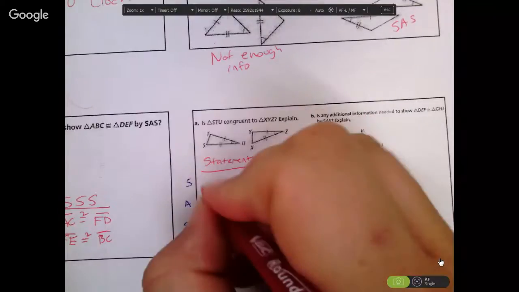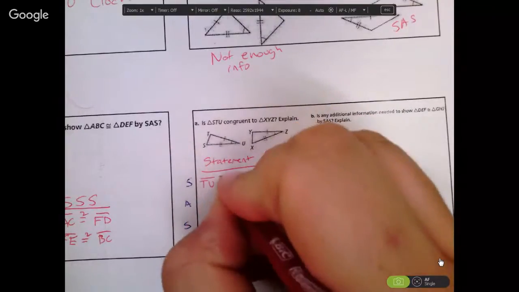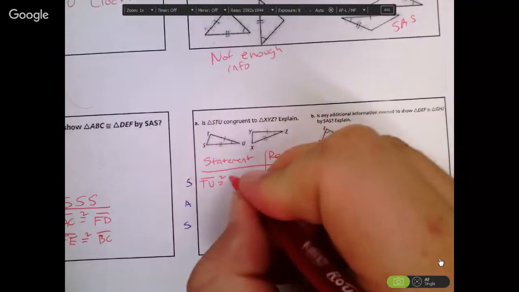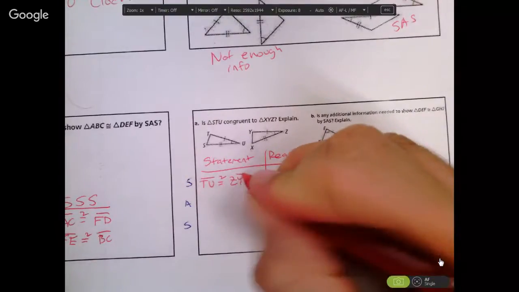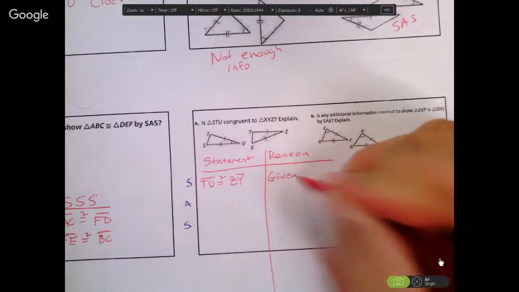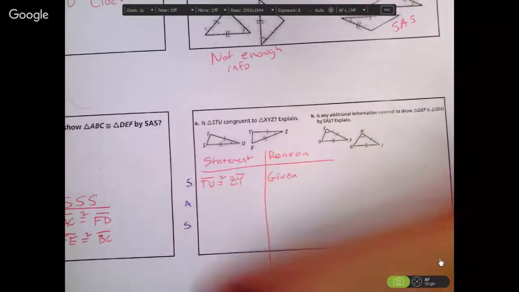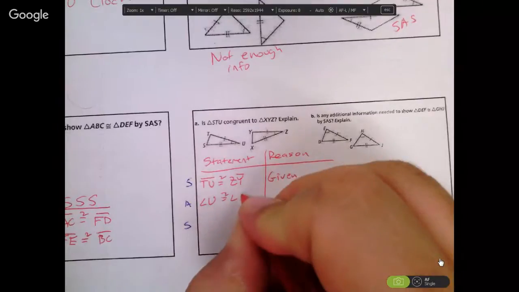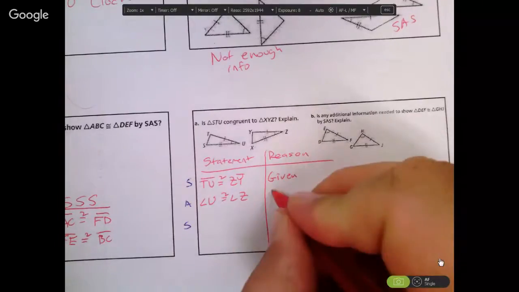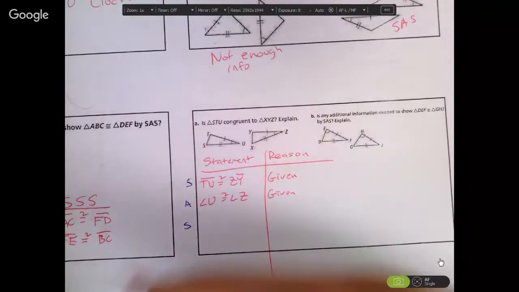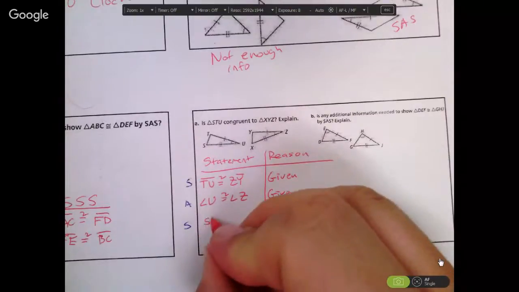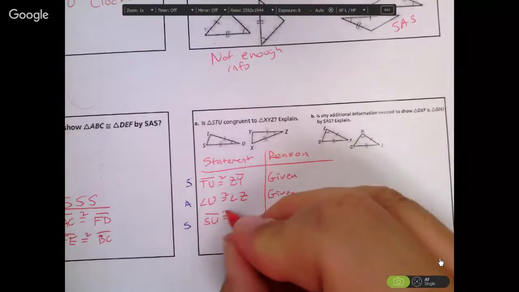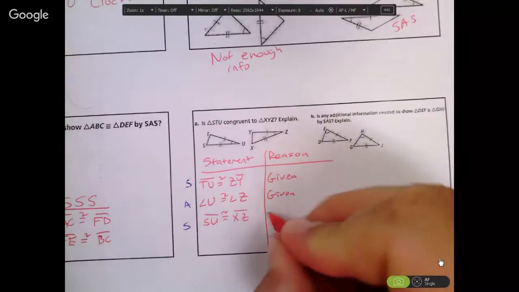So TU is congruent to ZY. How do we know that? Because they have the one line. Because it's given. Angle U is congruent to angle Z, given. Why is there two givens? SU is congruent to XZ, given.